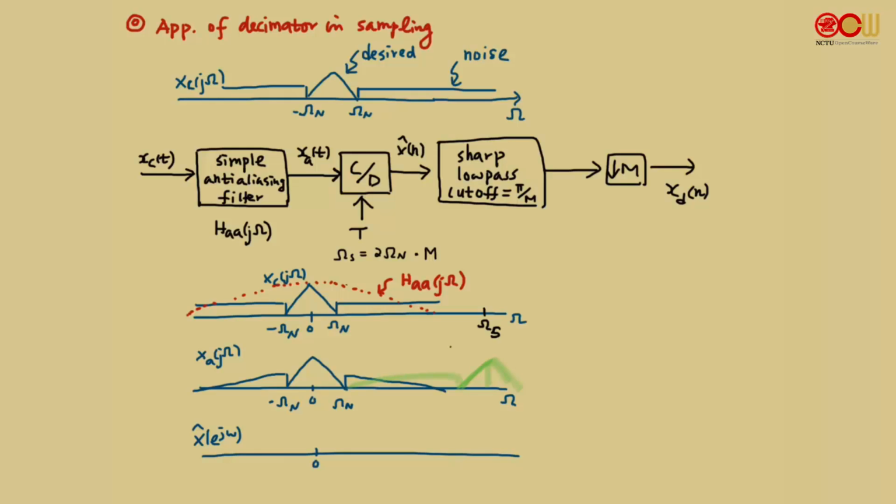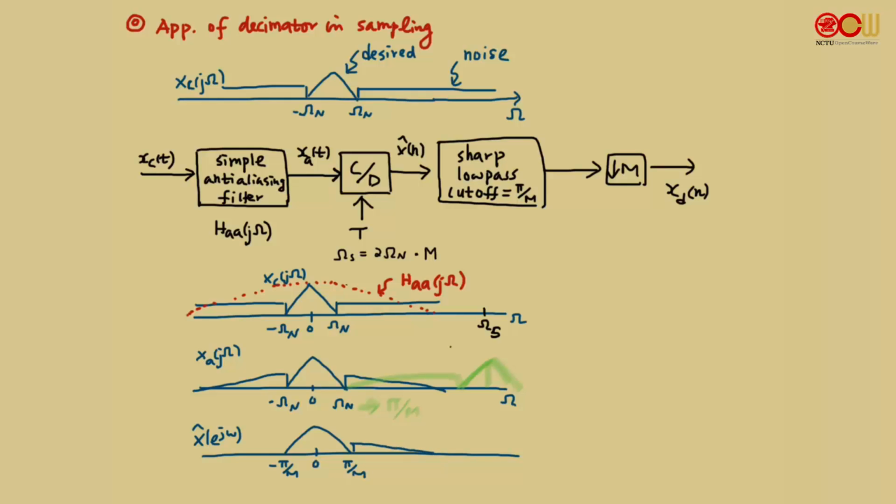Okay, so after we downsample, ωN becomes π over M. Okay, so let's redraw this. This will become π over M, and this is minus π over M, and then it would also contain some aliased noise.